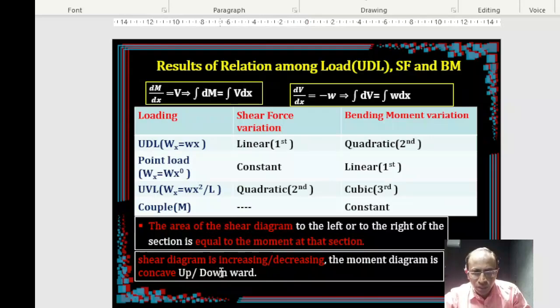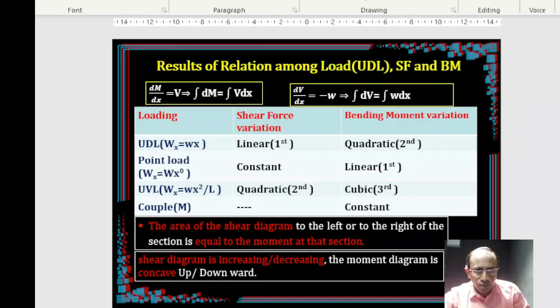Of course, depending upon the shear diagram, sometimes it may go upwards, that means gradually increasing, or sometimes it may gradually decrease. Depending upon that, the moment diagram is going to be either concave up or concave downwards, right? Or you can say concave downward can also be represented as a convex shape, right?